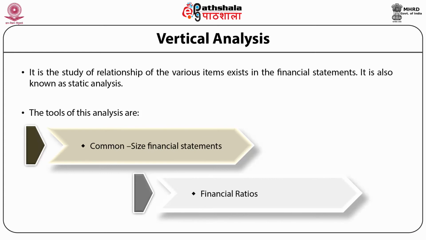On the balance sheet, individual assets can be expressed as a percentage of total assets. Liabilities and owners' equity accounts can be expressed in terms of their relationship to total liabilities and owners' equity. The two tools employed in vertical analysis generally are: first, common size financial statements; second, financial ratios.